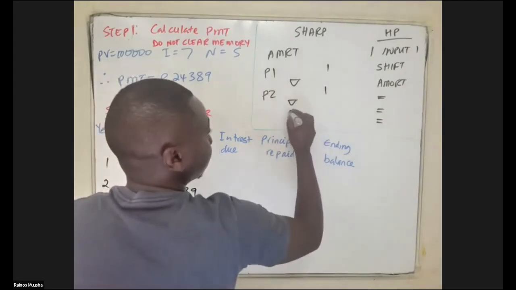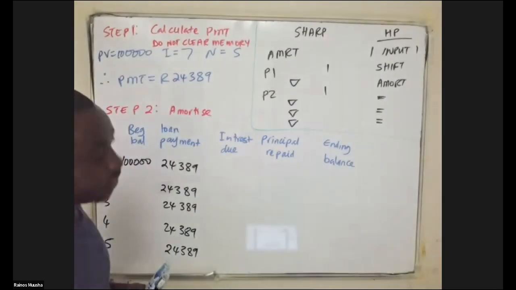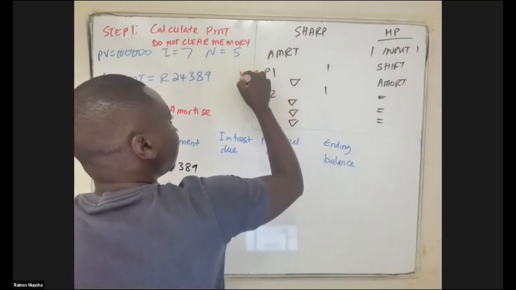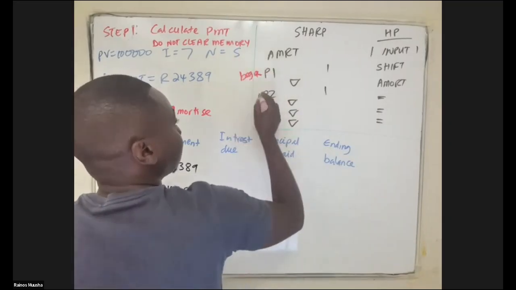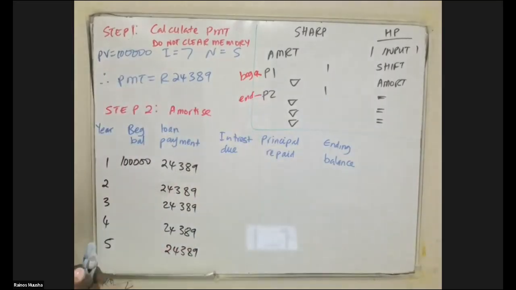You keep scrolling down, you see that when you continue scrolling down there, it will give you the breakdown of everything as well. Because P1 means the beginning of the period for which you're amortizing, and P2 means the end of the period for which you're amortizing.